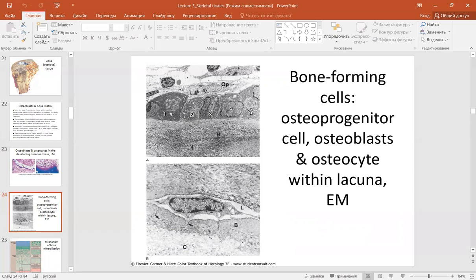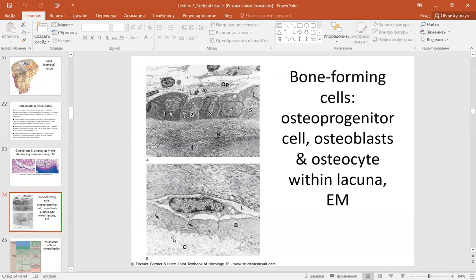Osteoblasts are located on the periphery of the secreted extracellular matrix material. We have 5 osteoblasts which are cuboidal in form. The cuboidal shape indicates that they are actively secreting the extracellular material. And here you have the osteocyte, which is incorporated in the lacuna, in the osseous lacuna, surrounded with watery fluid.